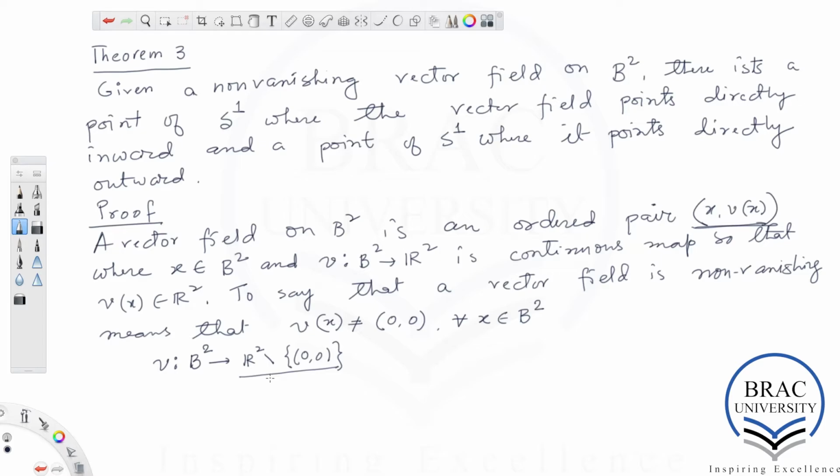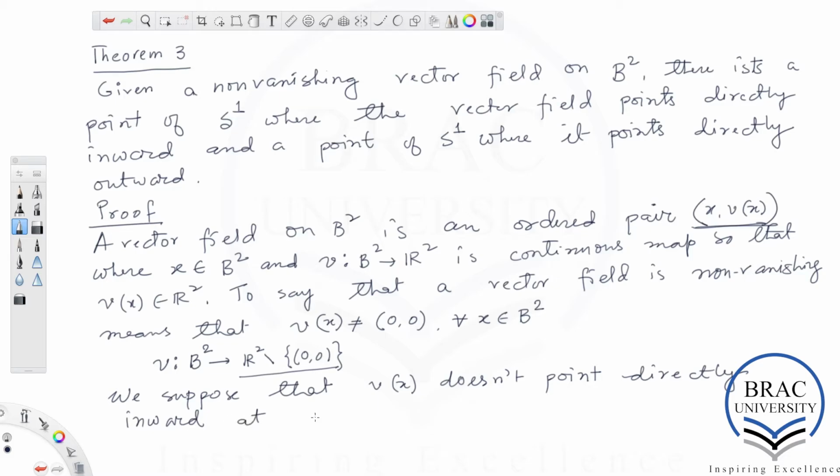We suppose that V(x) does not point directly inward at any point x in S1. We suppose the contrary holds.